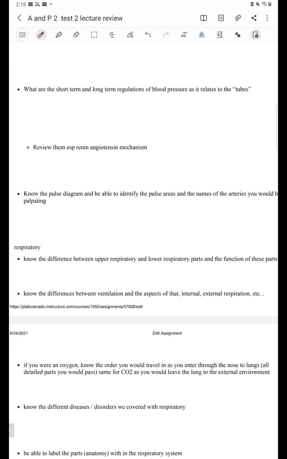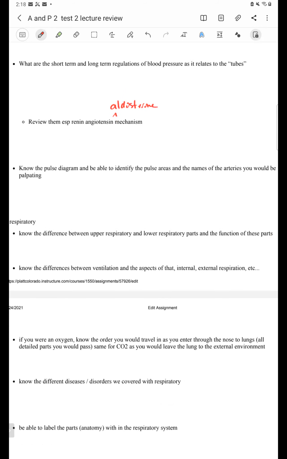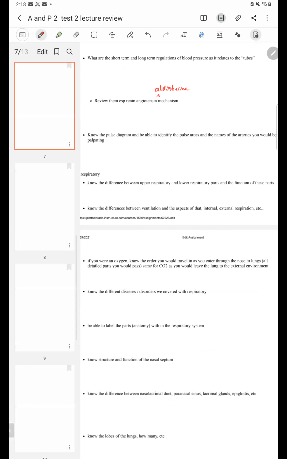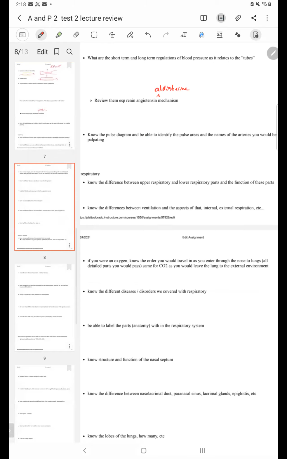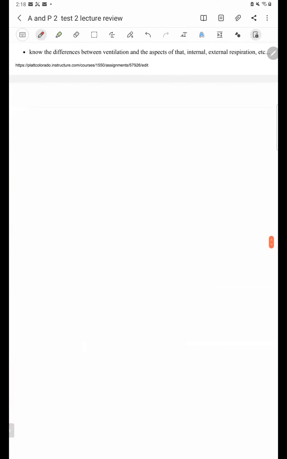Okay, one of them was the Renin-Angiotensin-Aldosterone Mechanism. Okay, and I think we've done that several times. Okay, but the kidney releases the renin.